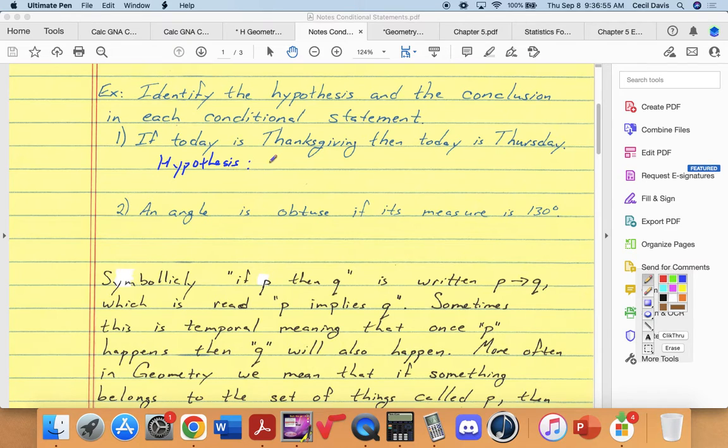The hypothesis: today is Thanksgiving. Likewise, the conclusion does not contain the word then. What do we also know? We know that today is Thursday.